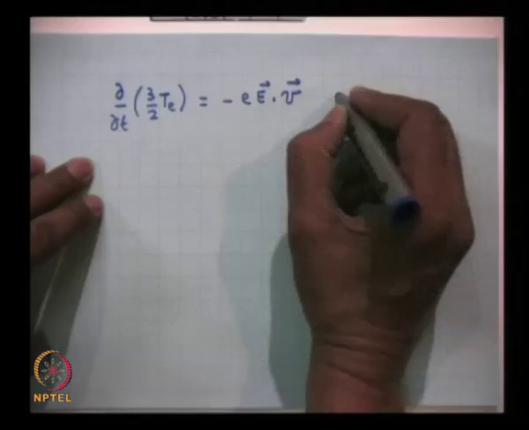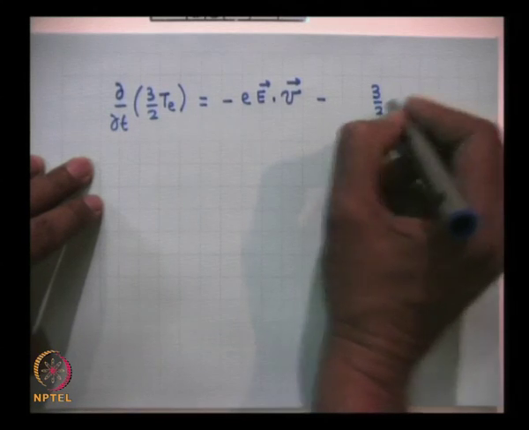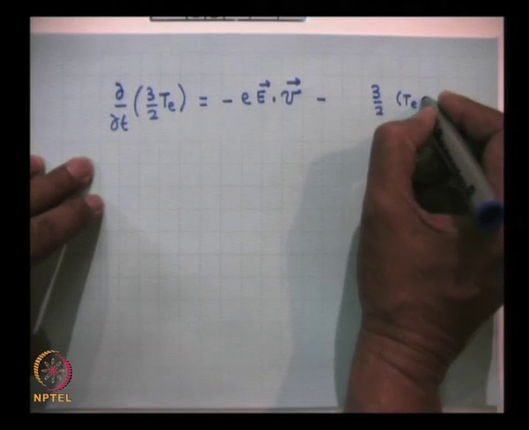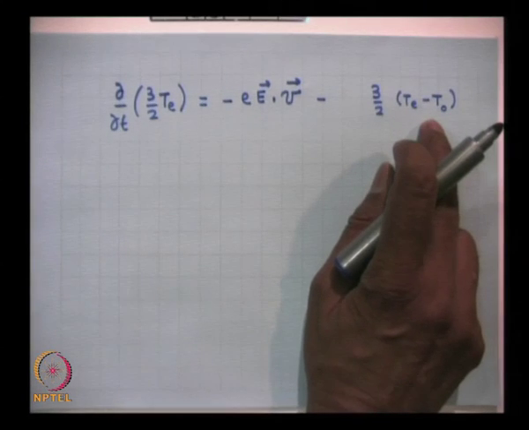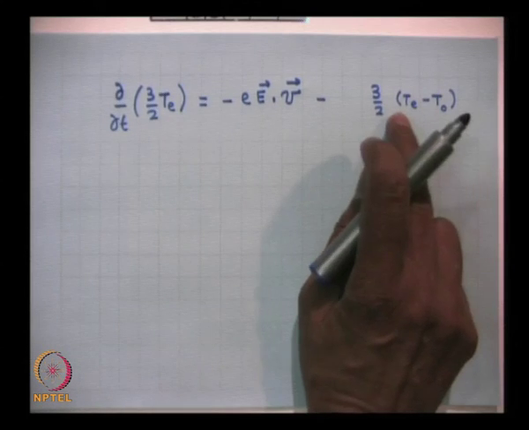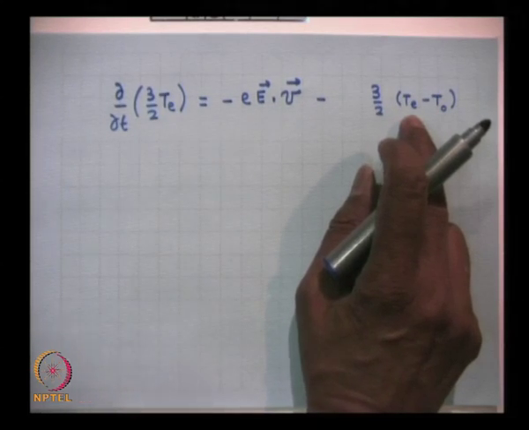So, suppose the excess energy of the electron is 3 by 2 (Te minus T0), where T0 is the temperature of the heavy particle, the ion or the scatterer. If these were equal, then the energy lost in a collision is very tiny, negligible.